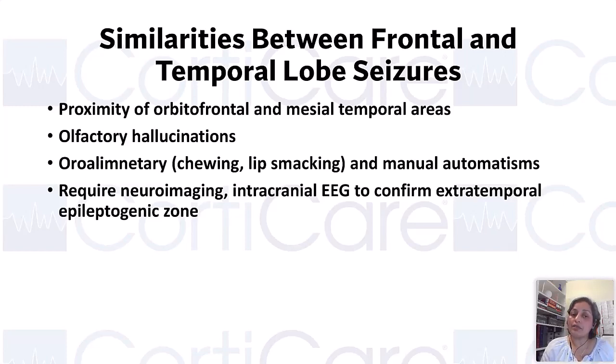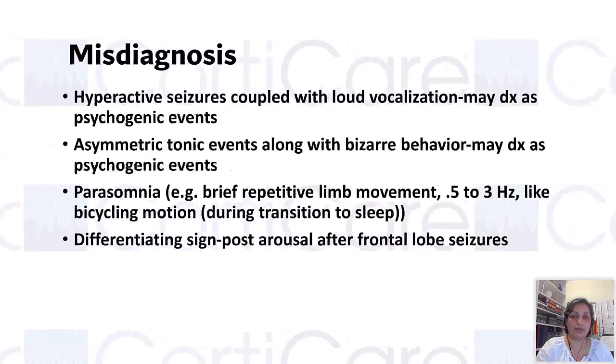What we require is neuroimaging and intracranial EEG to confirm if they are originating from frontal or from elsewhere. And another thing to remember, like I said before, is that the frontal lobe seizures are of very high motor amplitude compared to the temporal lobe seizures.